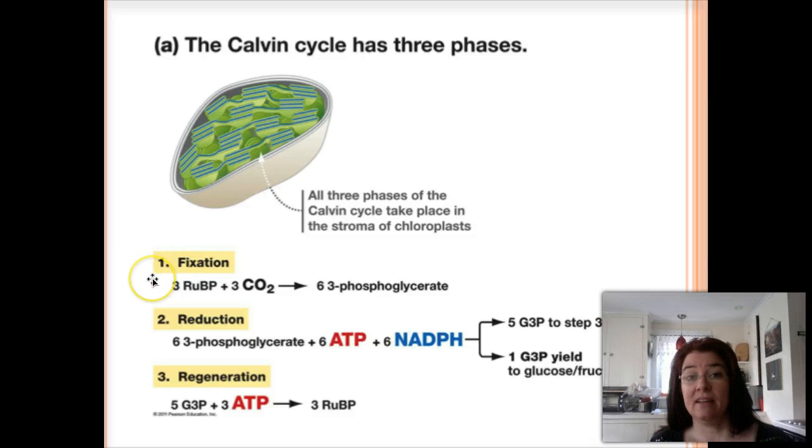So once again, RUBP comes together with carbon dioxide to make 3-phosphoglycerate. The 3-phosphoglycerate then comes together with ATP and NADPH to make G3P. Some of that G3P is used to regenerate the RUBP, and some of it is used to make carbohydrate.